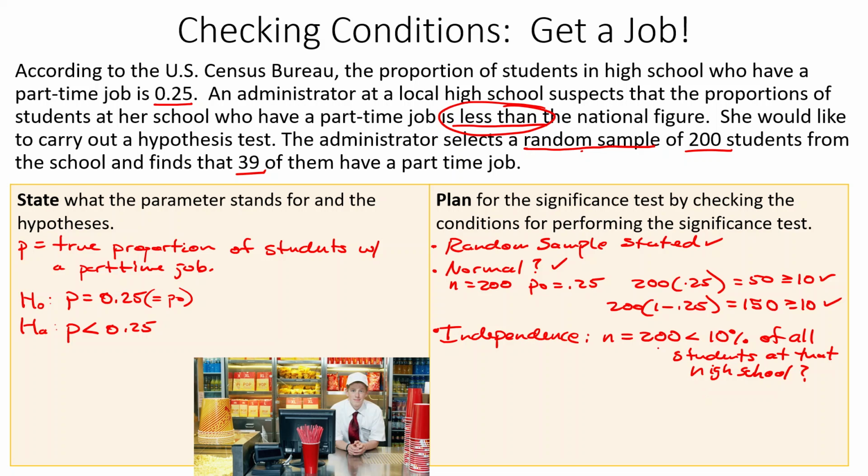So that works only if, well, 10 times 200 is 2,000. So that only works if we have 2,000 or more students at the high school. So hopefully we do. I don't know, did it say large high school? Maybe. Local high school. Well, hopefully it's a large school. All right, so that's it. That's all we're doing for today.